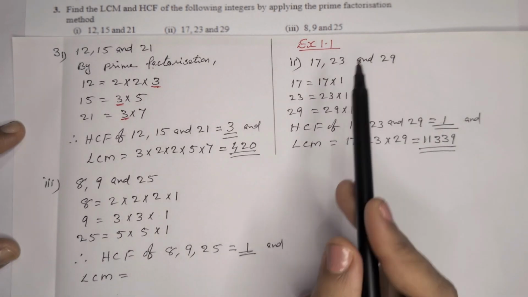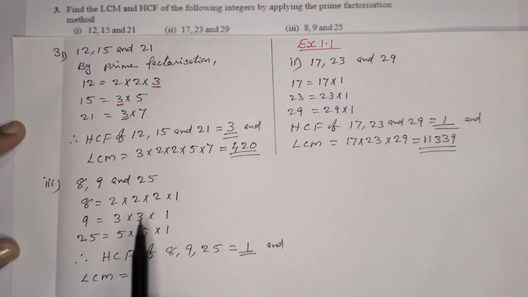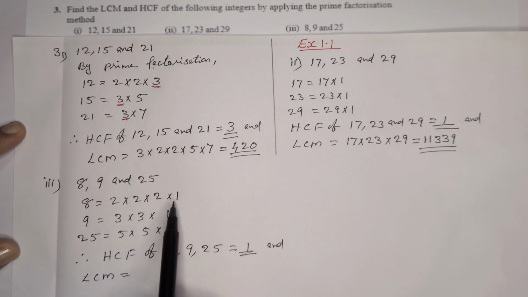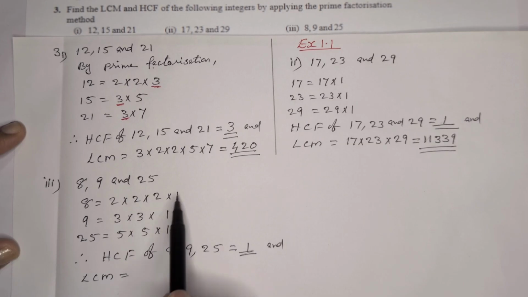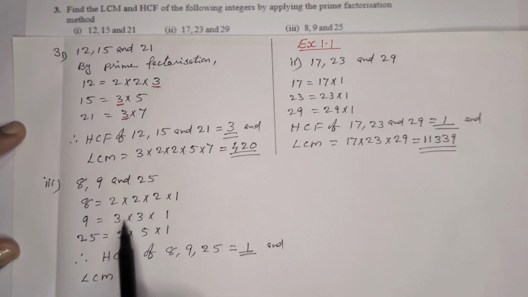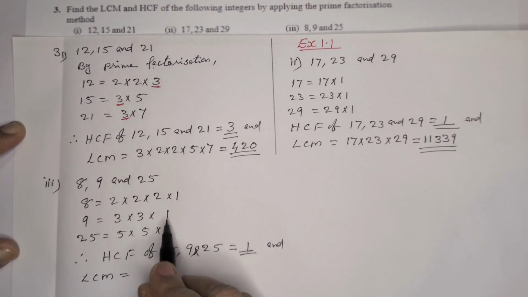Third part, that is 8, 9 and 25. By prime factorization we can write 8 as 2 into 2 into 2 into 1, 9 as 3 into 3 into 1, 25 as 5 into 5 into 1. We write 1 because there is no other common factor here. So HCF of 8, 9 and 25 is equal to 1 only.